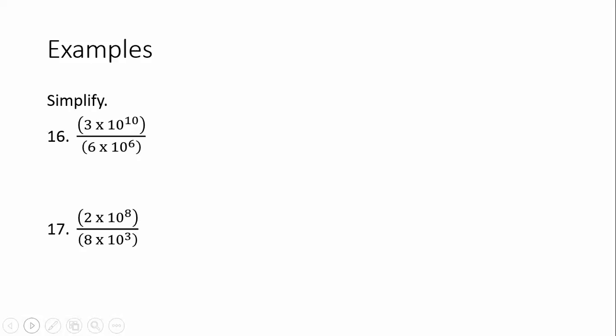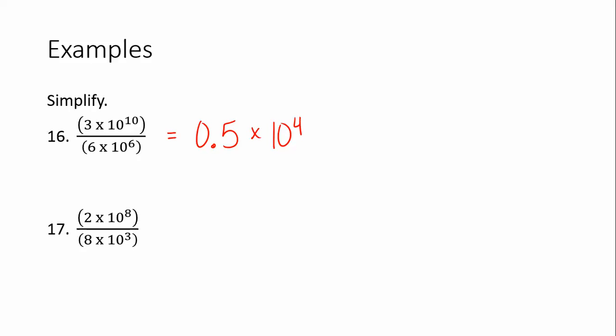So here we're going to divide 3 divided by 6. Well, that's a half or 0.5. I'm going to use the decimal here because I know it's scientific notation. We don't ever write scientific notation using fractions. Then I need to subtract my exponents. So then I get times 10 to the 4th.